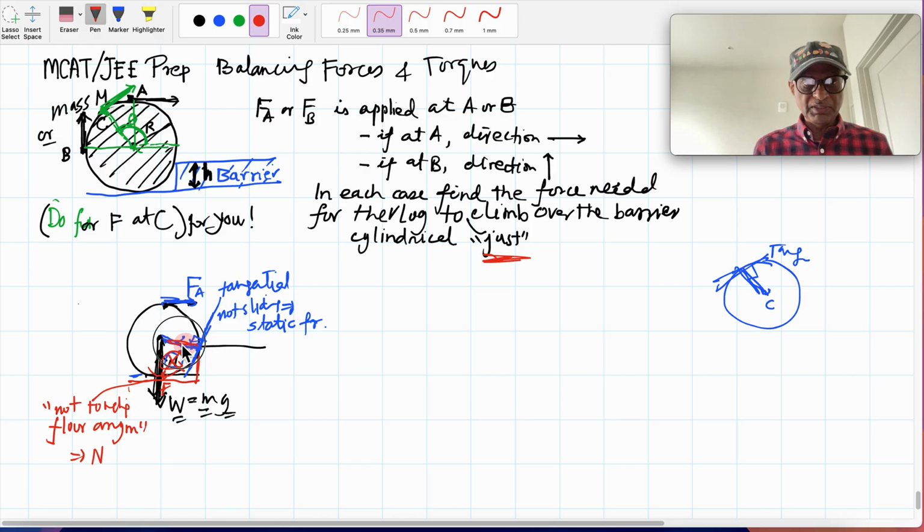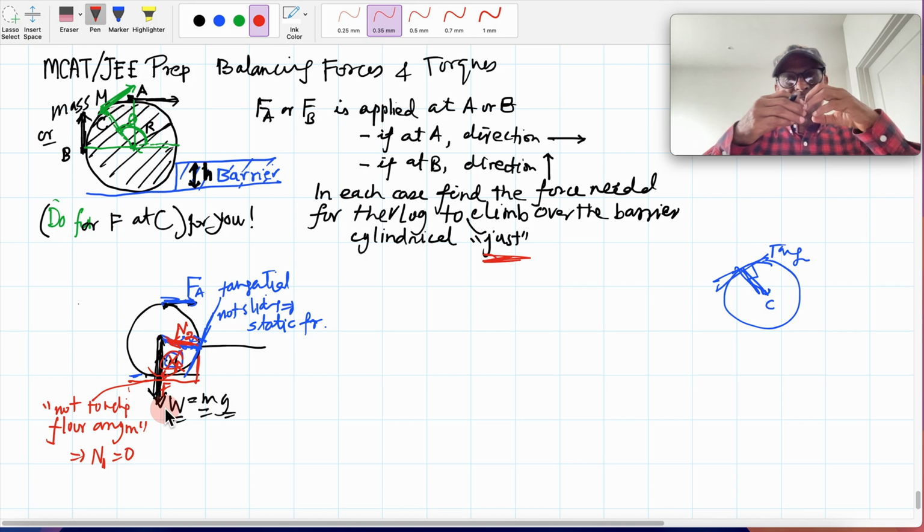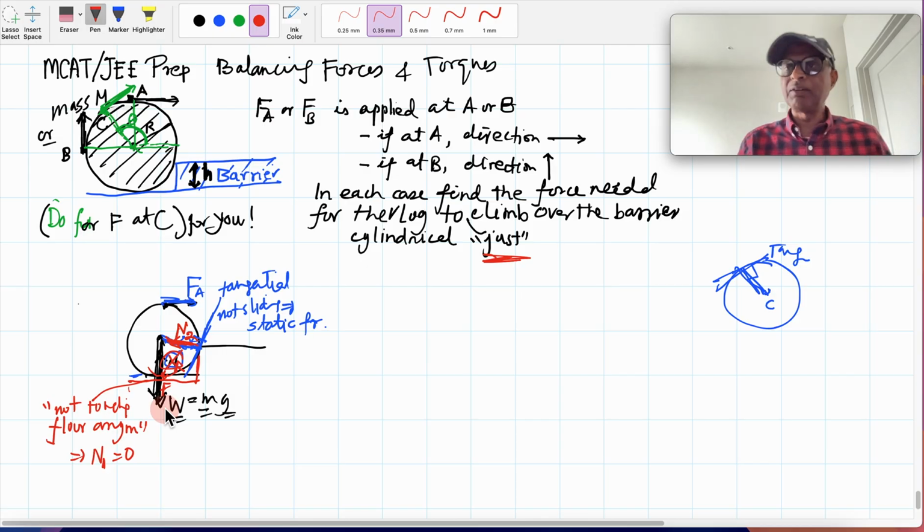There are two normals, normal 1 and normal 2, and normal 1 will be 0. Anytime there are two surface contacts, there will be a normal to the surface, so you always have to argue whether it goes to 0 or not. Here normal 1 is 0.